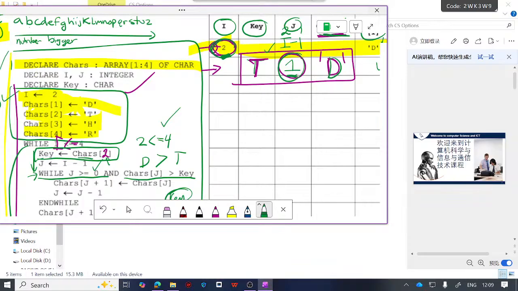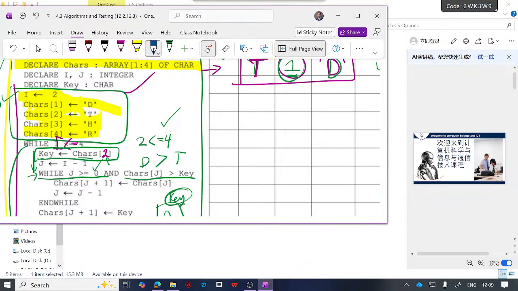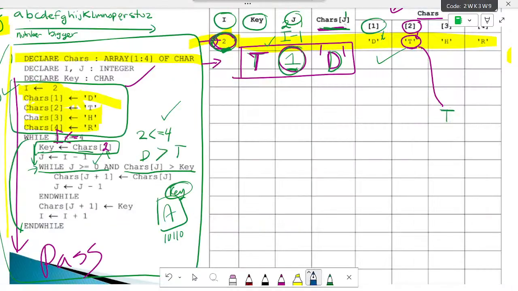Okay, the number becomes bigger. So this question right here is asking us: is the letter D in ASCII greater than T? Where's D? D's right here.